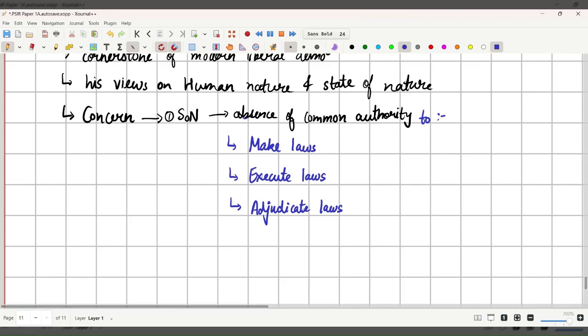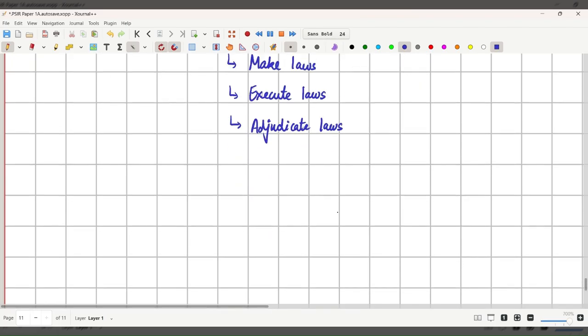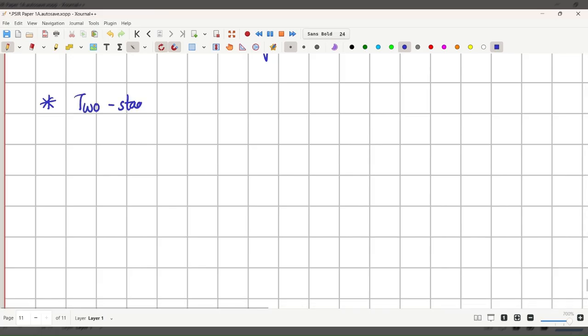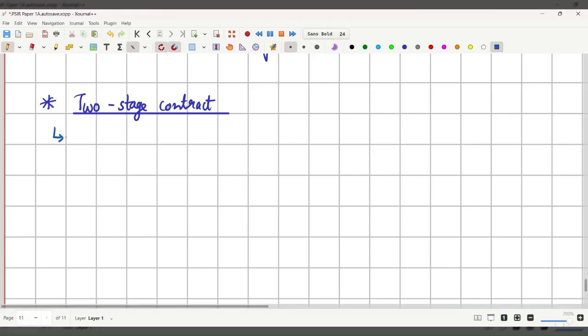Then Locke proposes a two-stage contract, the two-stage process to transition into a civil society.